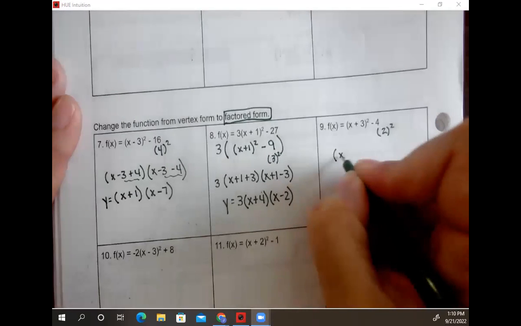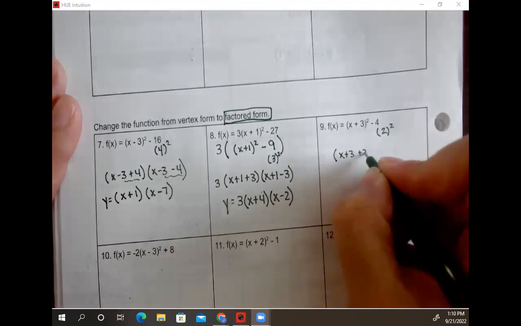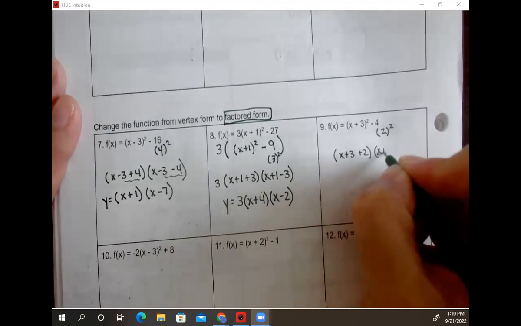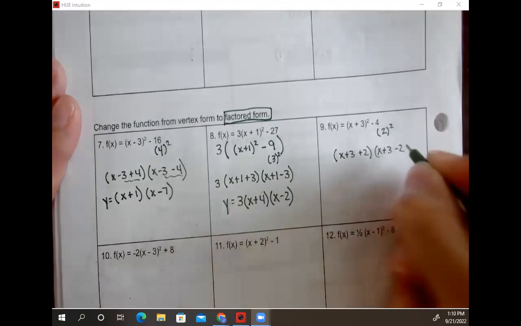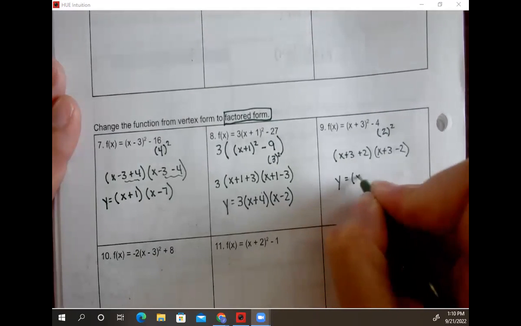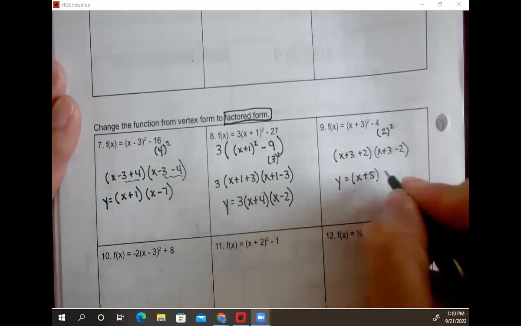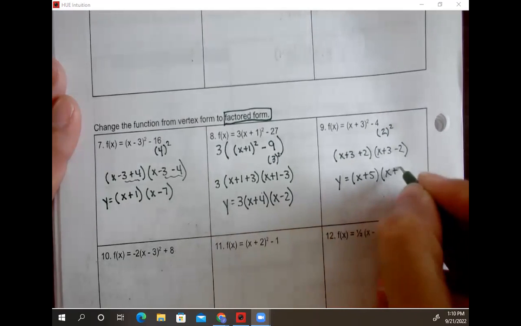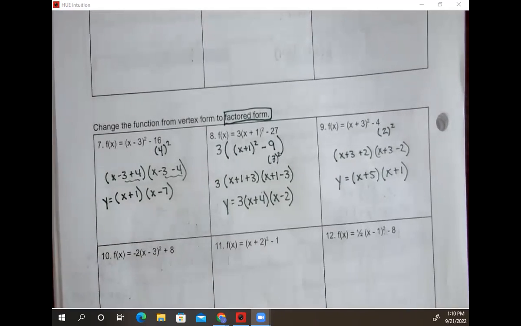So this would be x plus 3 plus 2 and x plus 3 minus 2. Tidy up your factors by combining your like terms. You get x plus 5 and x plus 1. Questions for me?